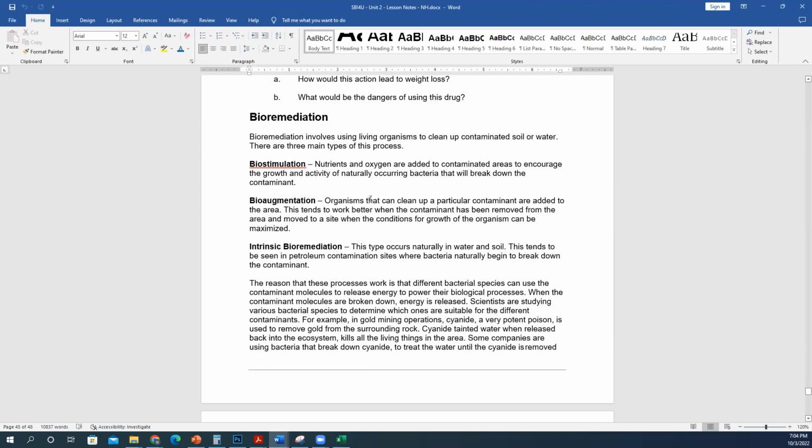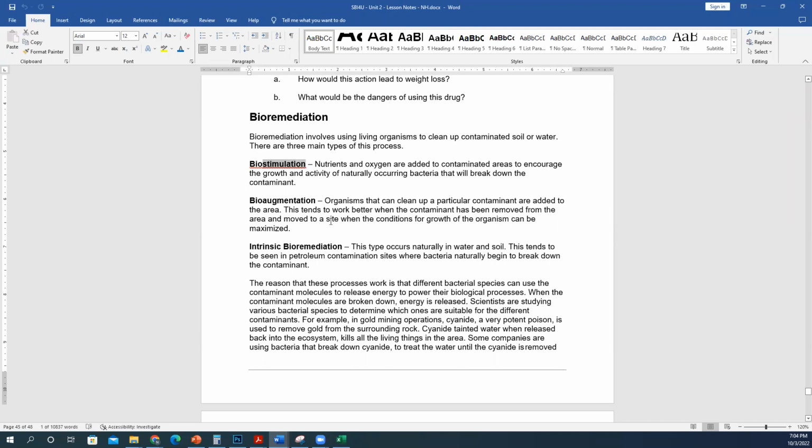So you're adding the nutrients and the oxygen that these bacteria will need, hoping to encourage their growth and their activity so that they can help to break down whatever contaminant it is that you're hoping to clean up. So that's biostimulation. So you're trying to stimulate these naturally occurring bacteria in the environment to do their job.